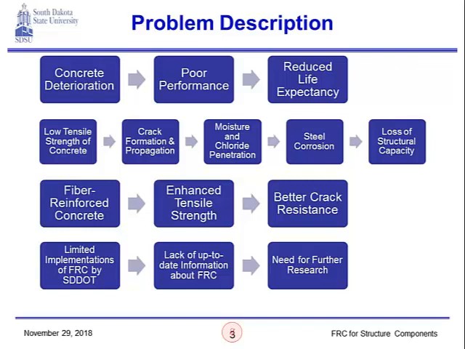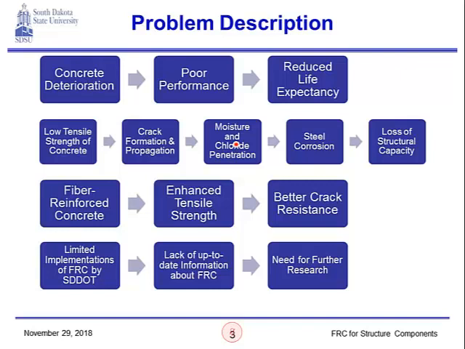This in turn results in moisture and chloride penetration, which results in steel corrosion, basically reducing the capacity of the steel and therefore the capacity of the entire structure as well. And so here is where fiber reinforced concrete comes to save the corrosion of steel, if we say so. It enhances the tensile strength of the concrete and results in a better crack resistance.